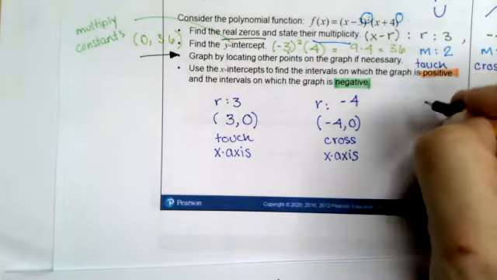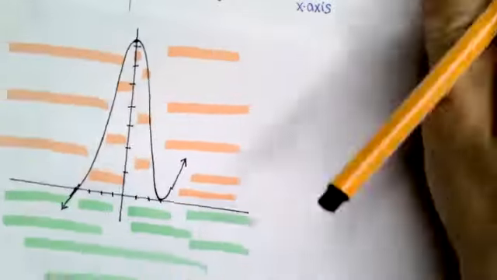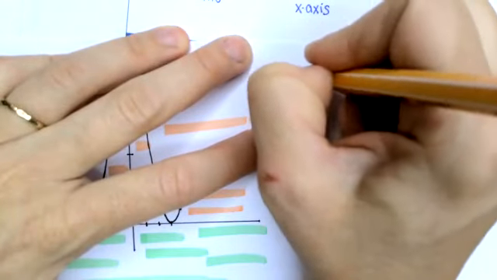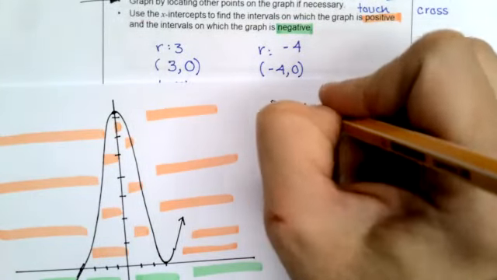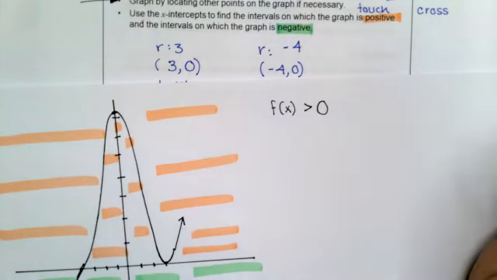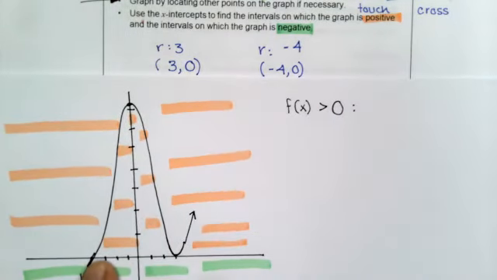All right, so it is positive on this graph, right? f(x), we can say is positive, or we can say is greater than 0, okay? Where is it greater than 0?